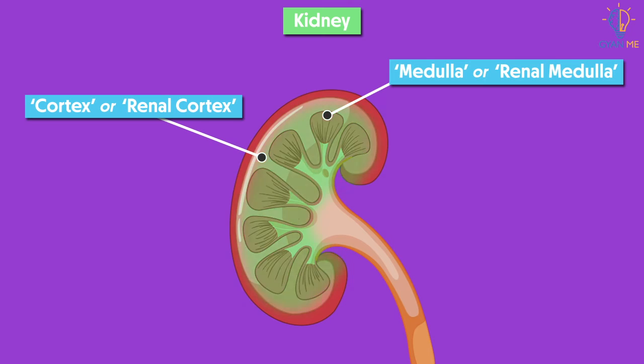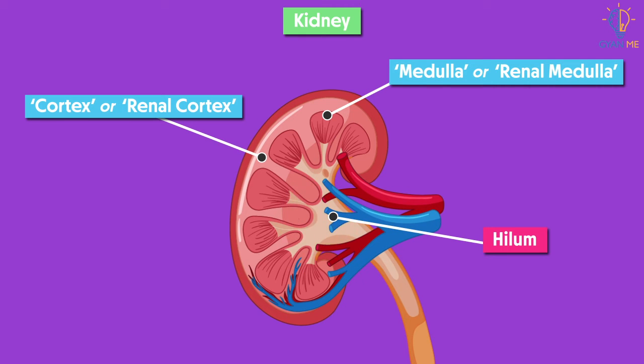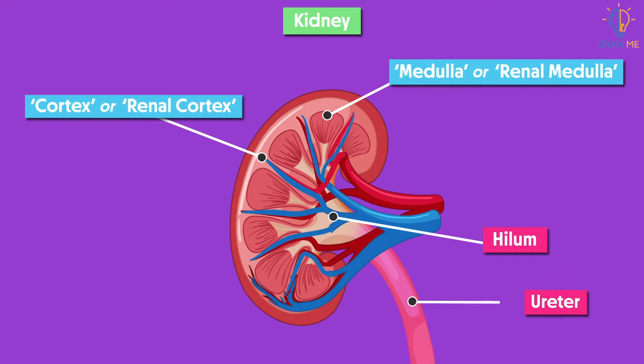On the inner concave side of each kidney, a notch called the hilum is present through which blood vessels and nerves enter and exit the kidney. In fact, not only nerves and blood vessels, but the ureter also enters or exits through this hilum.